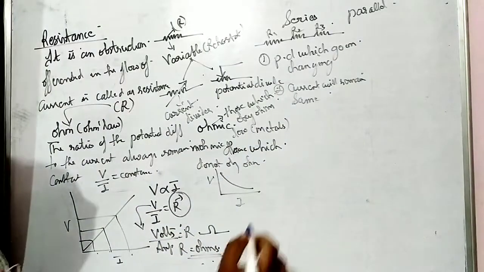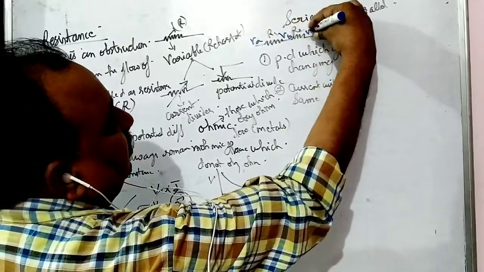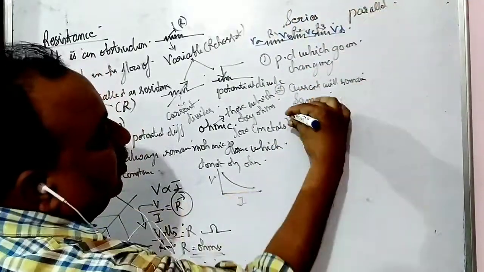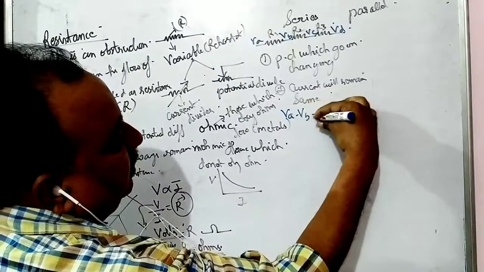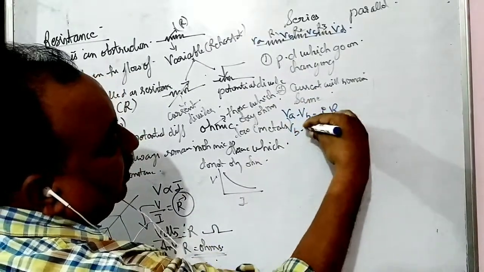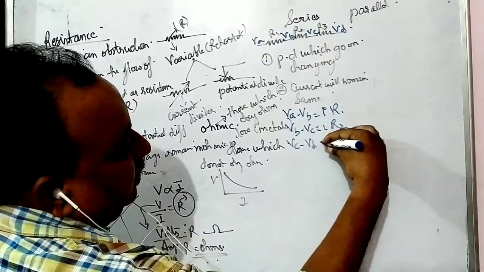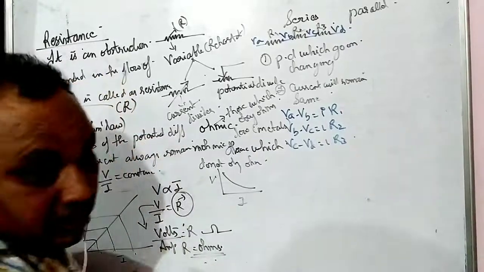Now, this is VA, this is VB, this is VC, this is VD. VA minus VB is equal to I R1. VB minus VC is equal to I R2. VC minus VD is equal to I R3.